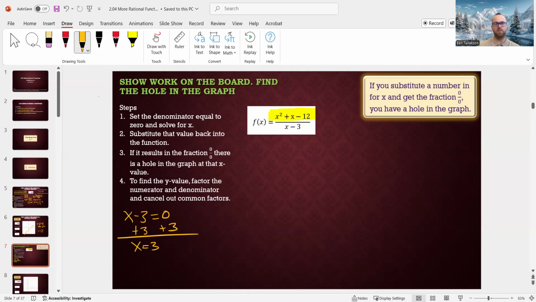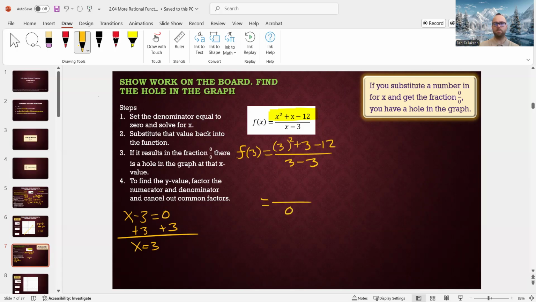Okay, so we're trying to find out now, is the x value of 3 going to result in a fraction of 0 over 0? So we're going to plug 3 into our function. Everywhere we see x, we know the denominator clearly will be 0. But what about the numerator?